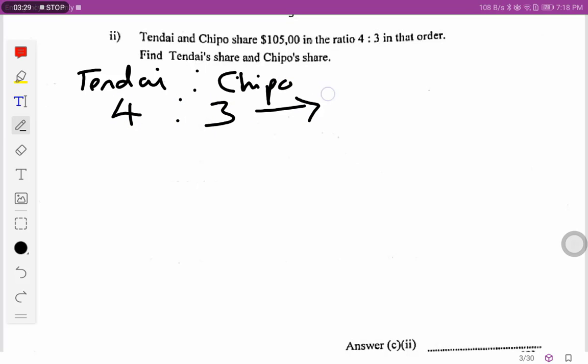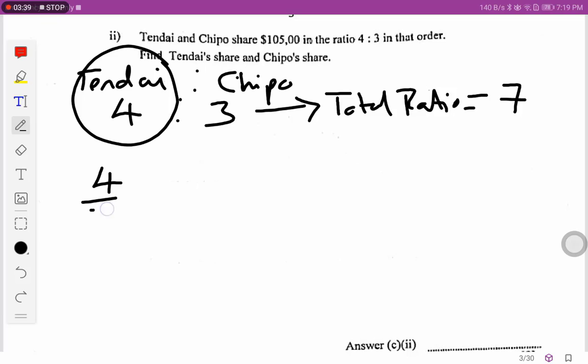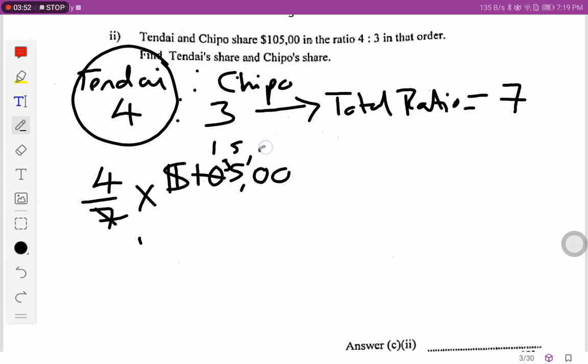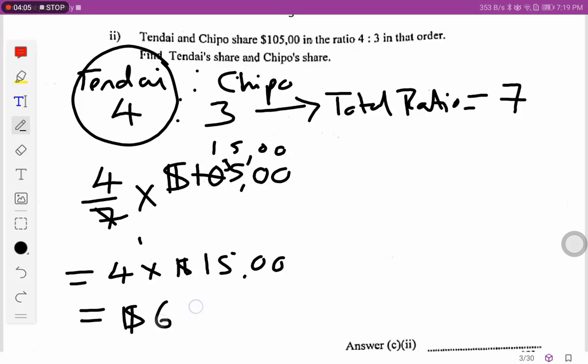Then our total ratio is equal to 4 plus 3, we get 7. So to get Tendai's share, we can say 4 over 7 times the money, which is $105. If we divide this, we get 15, times 4. You find out Tendai has 4 times 15.00, which will give us $60.